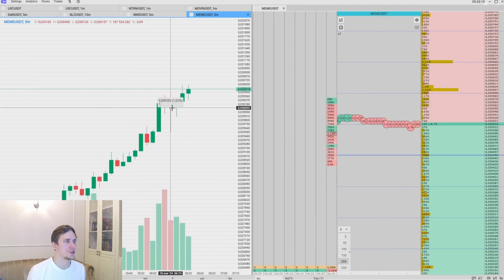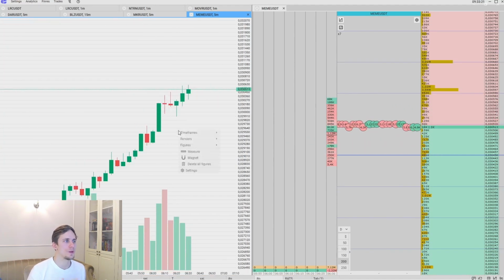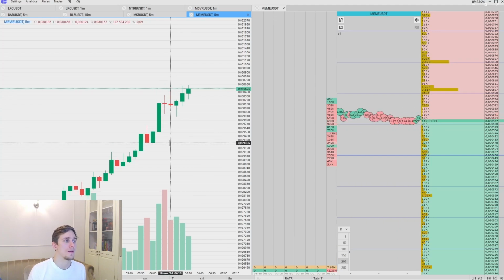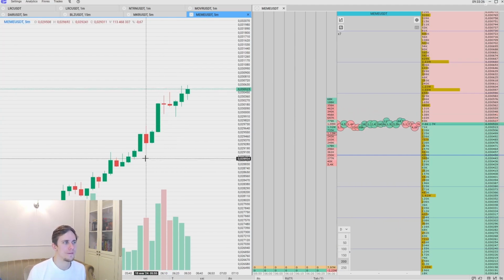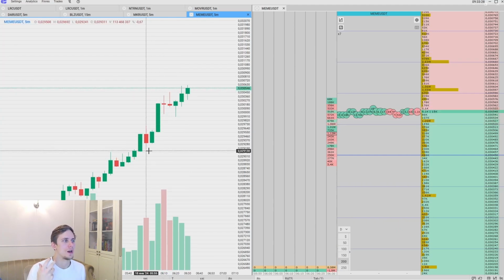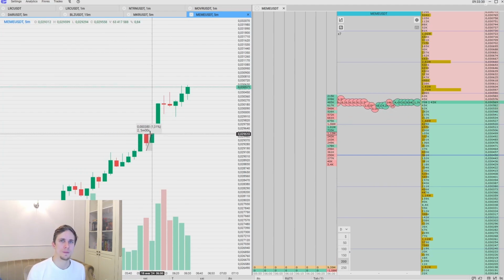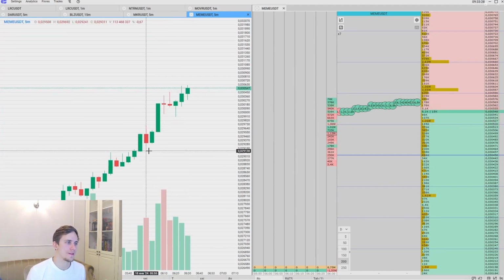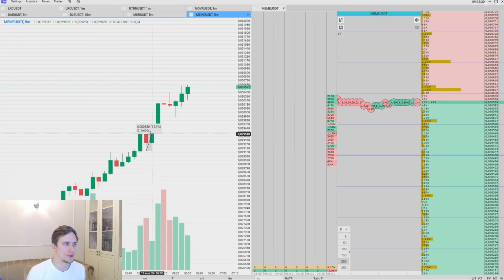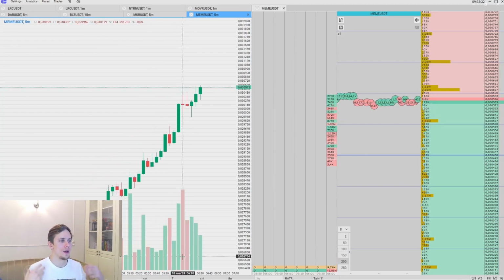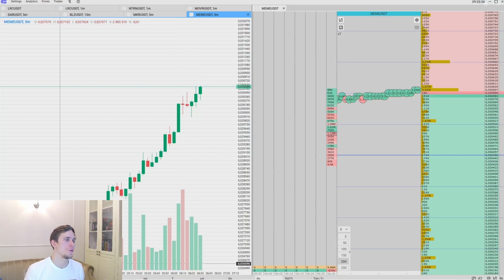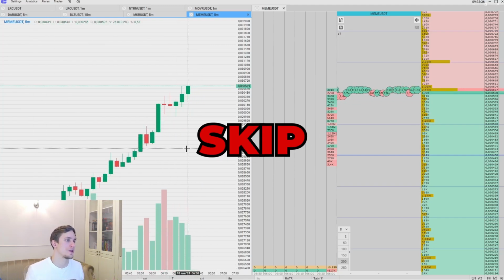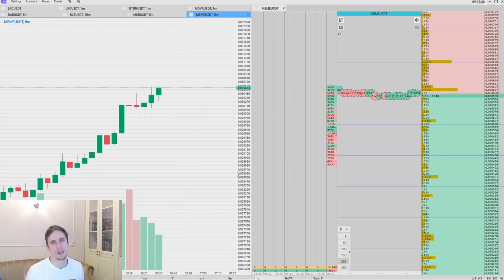If the average 1 minute candle is about 1.5% of movement, this volatility is good enough for trading different scalping setups. If the average movement of a minute candle is less than 1 to 1.5% as measured with a ruler, then we skip the instrument because it's not volatile enough.